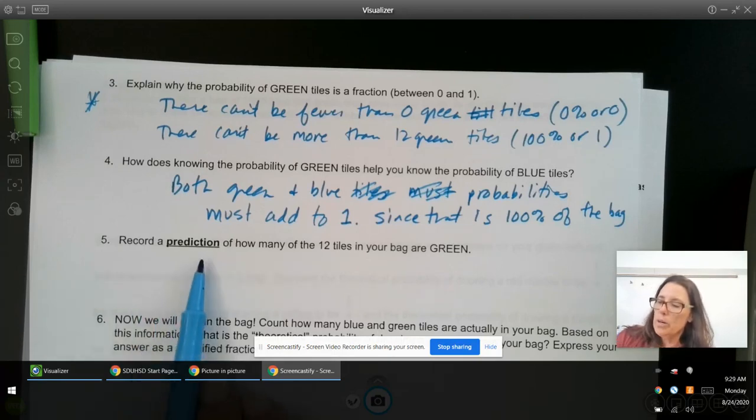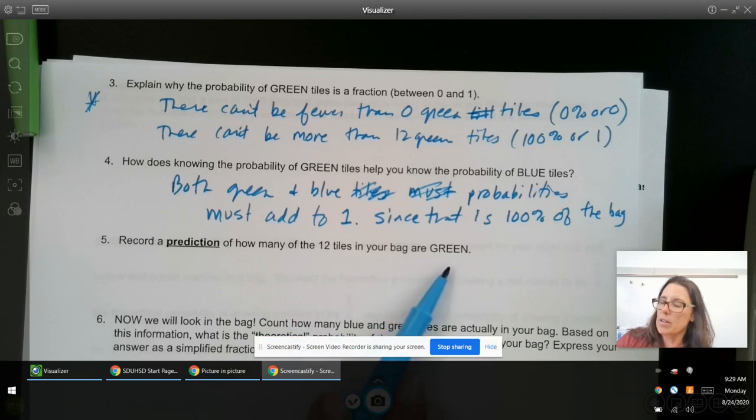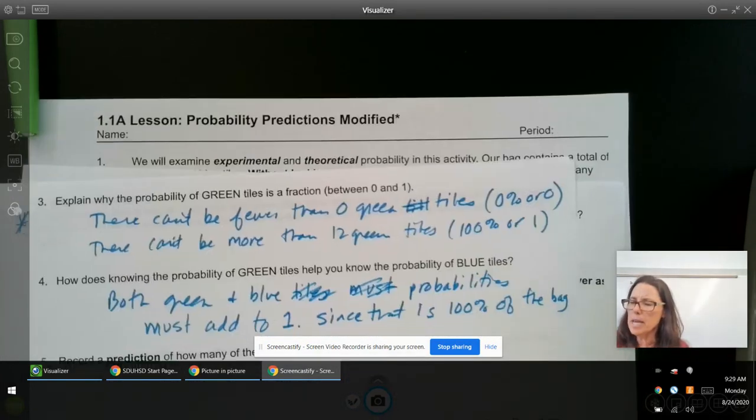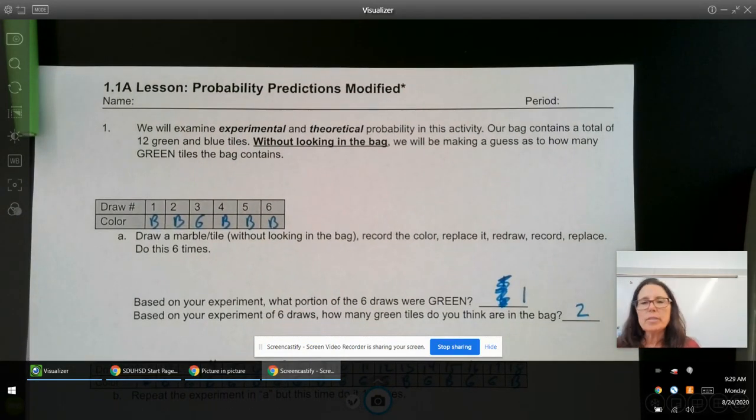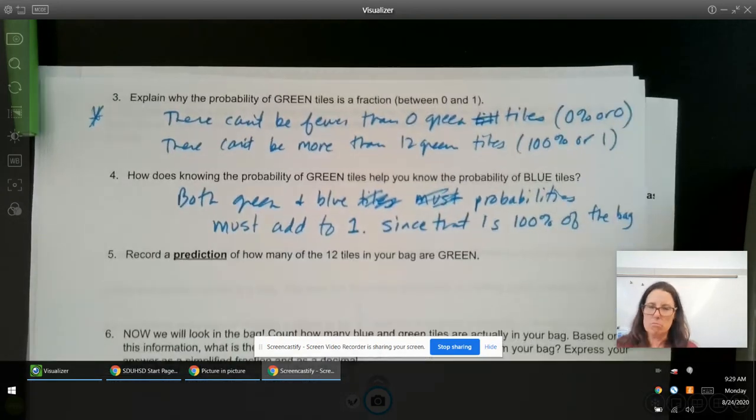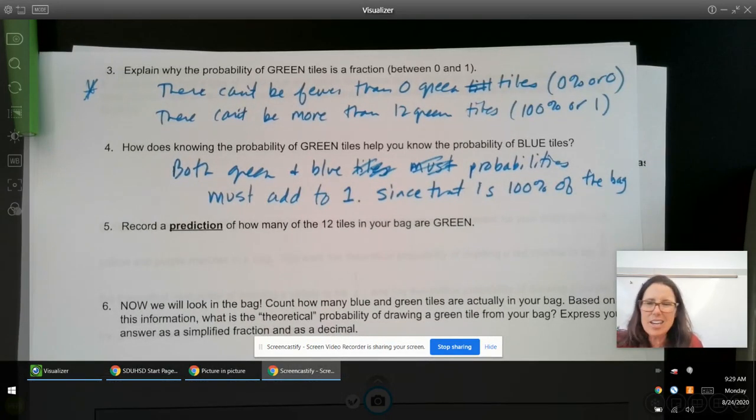I'm going to record a prediction of how many of the 12 tiles are green in my bag. My prediction, what did I say on that last page? I said 2, and then I changed my prediction to 4. I'm going to say 4.